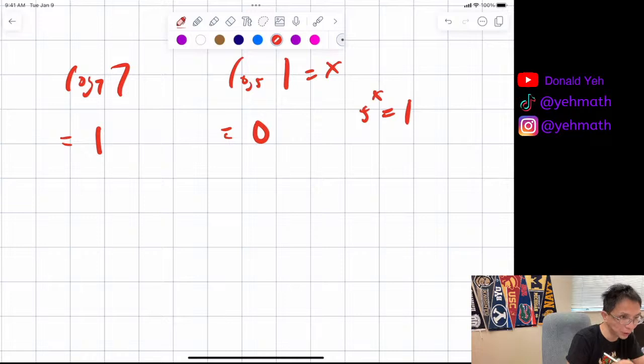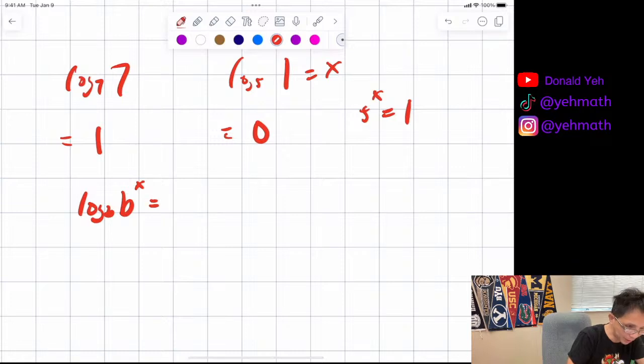Now I'm going to give you 2 more inverse properties. If you have log base b of b to the x, if they have the same base, they are inverse to each other. They're going to cancel out. That's just equal to x. Very useful technique.